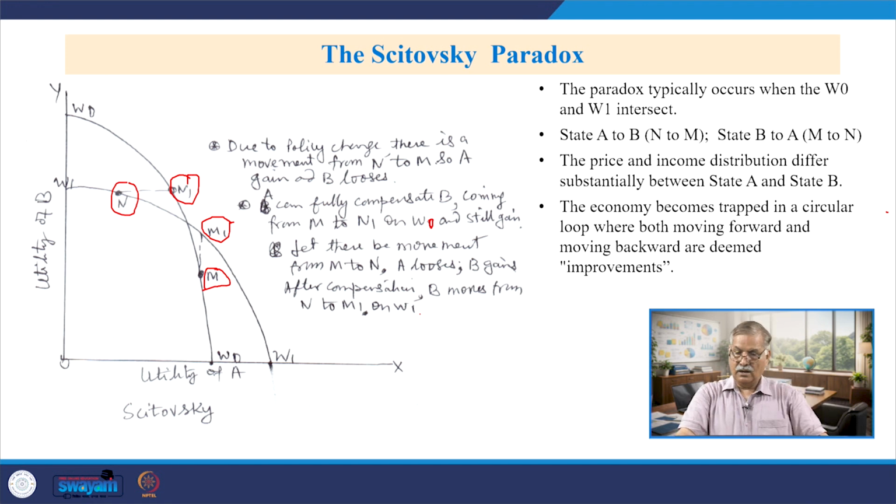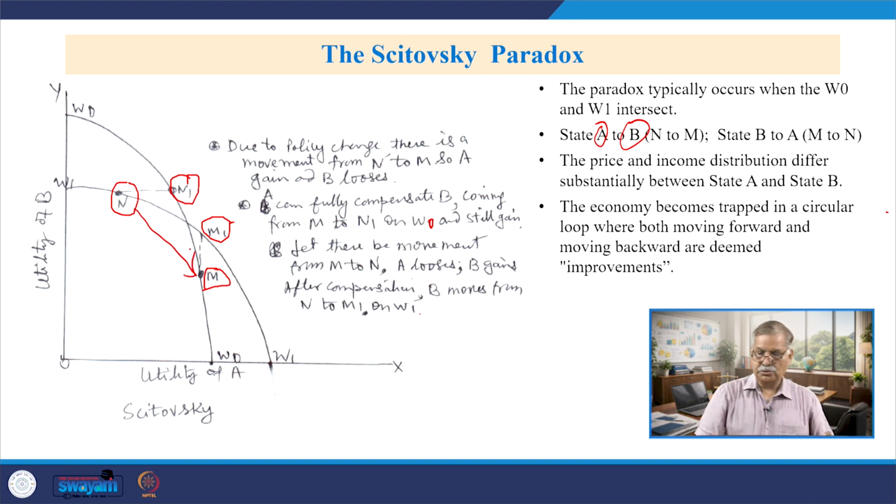This paradox typically occurs when two welfare functions intersect each other, where there may be two states or situations, A and B. So movement from state A to B means movement on this utility possibility frontier from N to M. So this N to M is the change in the situation, that is movement from N point to M, meaning A position shifts to B position, but there may be another way, B to A, meaning movement from M to N.